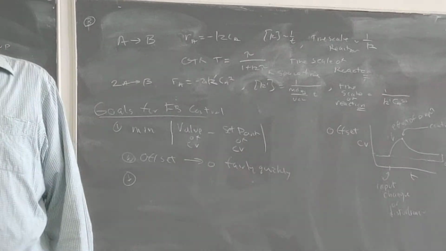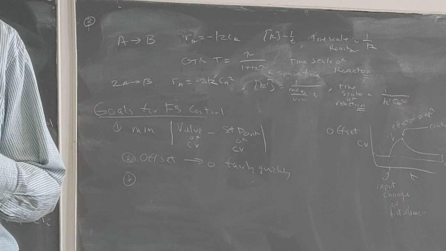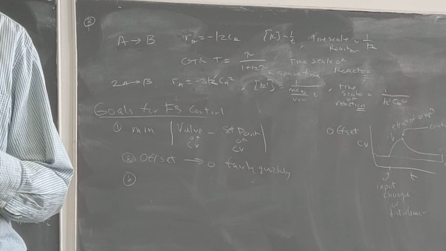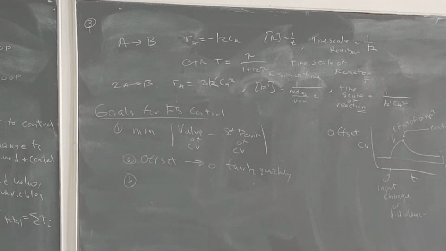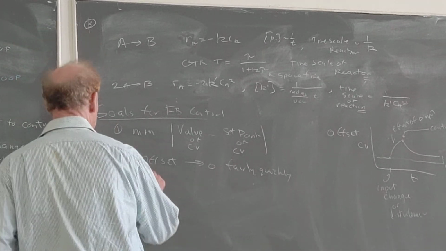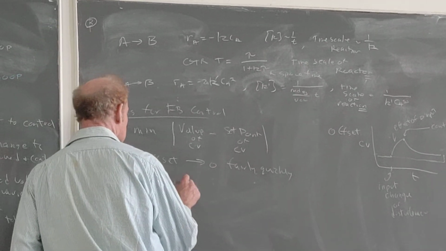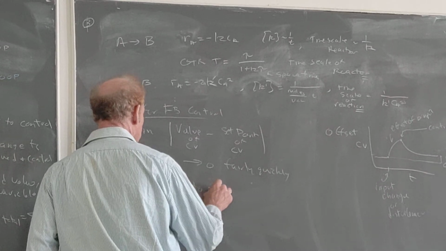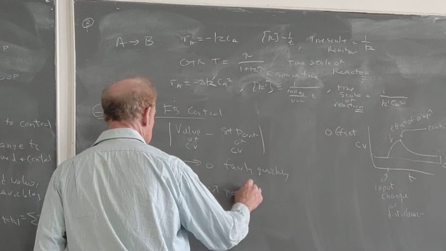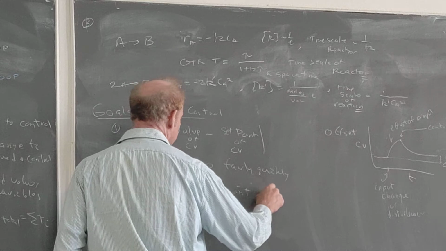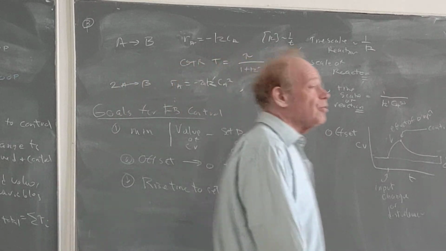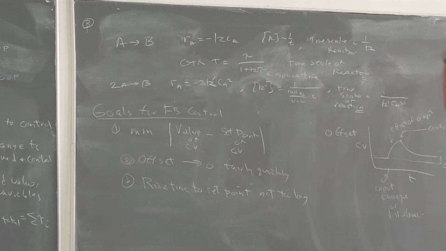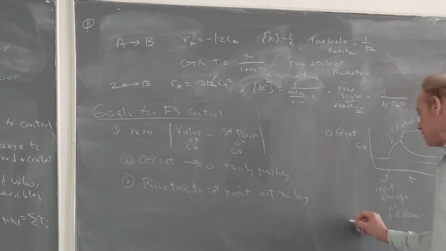Another thing we want is we want the rise time to the set point to be not too big. What is the rise time? Well, let's say I have the effect of the controller for a rise time.